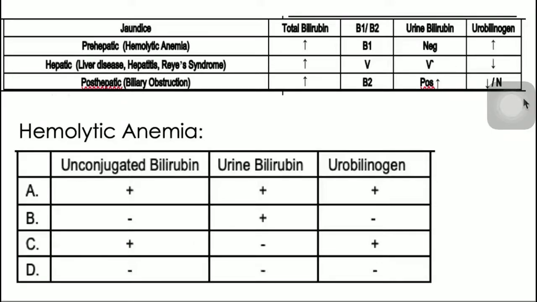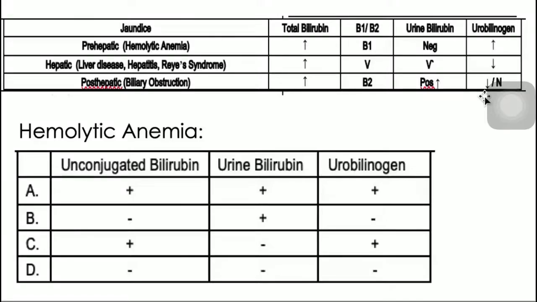Pero dapat po talaga decrease or absent. Pero kung nakalagay na normal, then you can consider pa din post-hepatic jaundice, basta mataas po yung presence ng urine bilirubin. Okay? Sa case naman po ng hepatic condition, mababa po din yung urobilinogen because it affects nga po yung reabsorption in the portal circulation because of a liver disease condition.